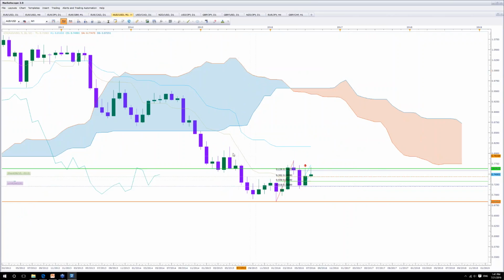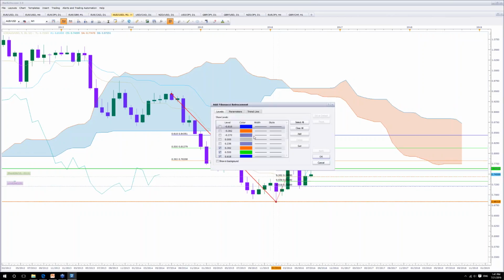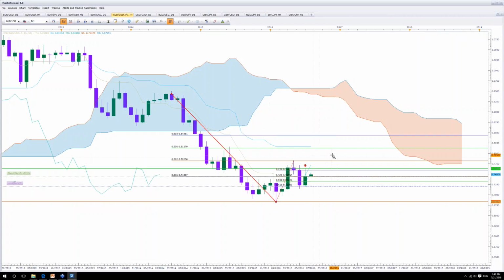The best scenario we can see from Aussie dollar on a very long-term point of view, if we also add Ichimoku to this one, we might have a better understanding of it. We can see that it is right now consolidating over here, with the resistance at 0.78 and the average support at 0.72.